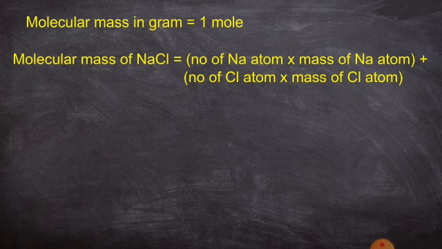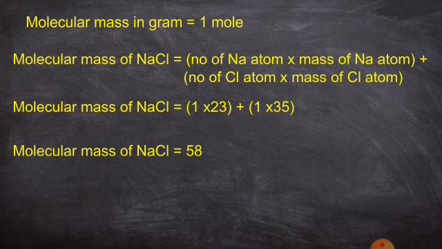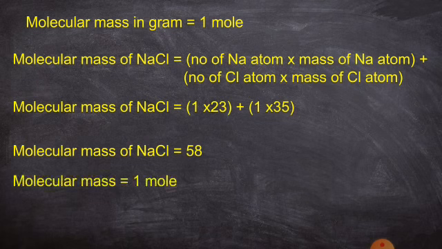Here there is only one sodium and one chlorine atom, and the mass of sodium is 23 and chlorine is 35.5 or 35. Now substitute in the formula, and finally you will get the molecular mass of sodium chloride, which is equal to 58. Now we have to give it in grams. So 1 mole of NaCl is equal to 58 gram.